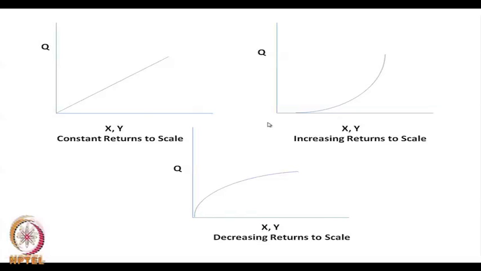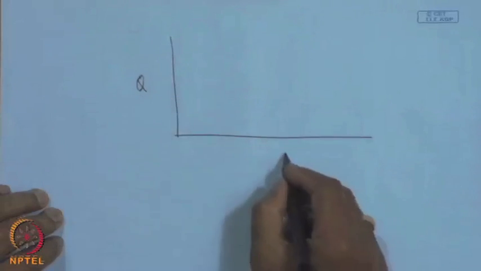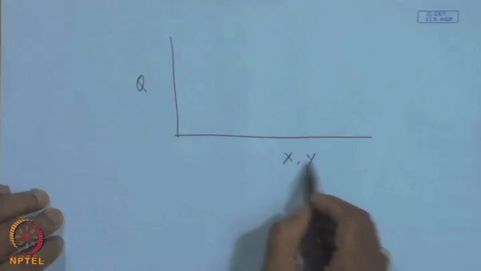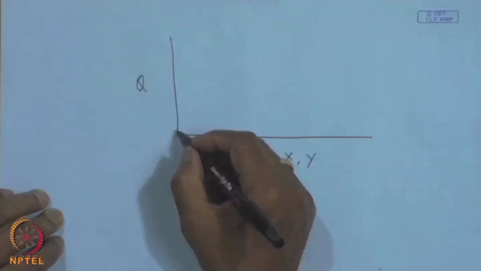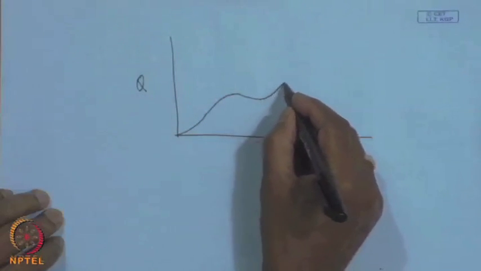So, graphically one can depict returns to scale, the three types, constant, increasing and decreasing returns to scale, in different ways. Of course, it is possible that a firm can experience what is known as variable returns to scale, which means that as x and y change, q may initially rise in an increasing and thereafter decreasing manner and then may go down.